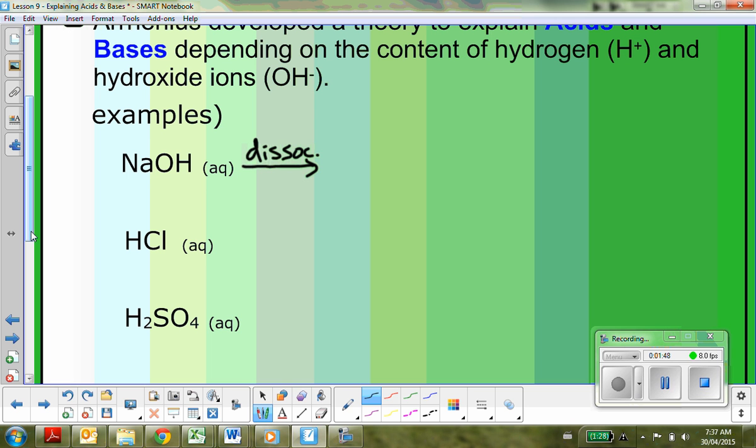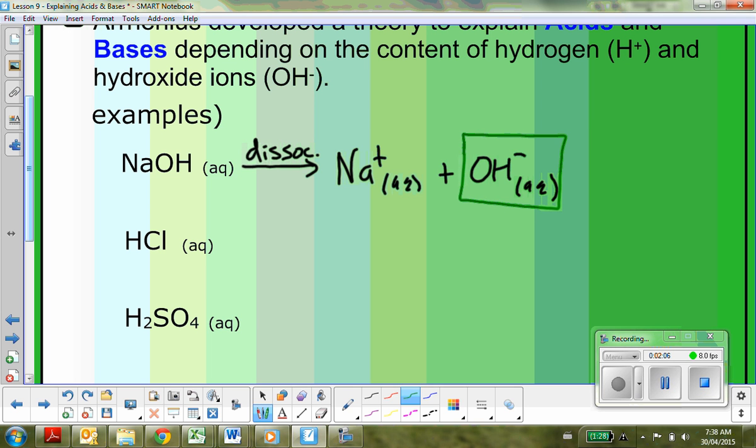Okay, so if sodium hydroxide dissociates, it's going to break apart into sodium ions and hydroxide ions. Okay, it should be balanced, which it is. So what we would say is that this ends up making a basic solution because the OH ions floating around make it a base. Those OH ions will react with litmus paper. Those OH ions have a chemical property that they actually feel slippery, so that's what gives a base its properties.